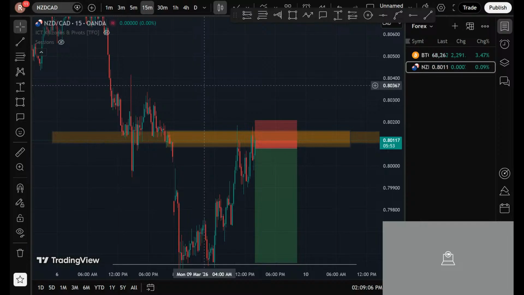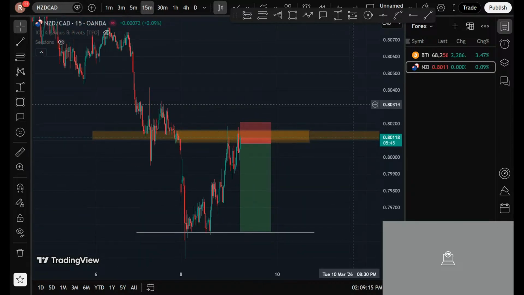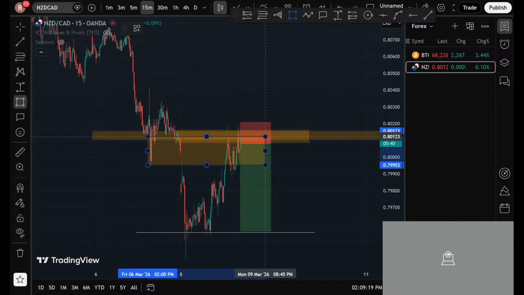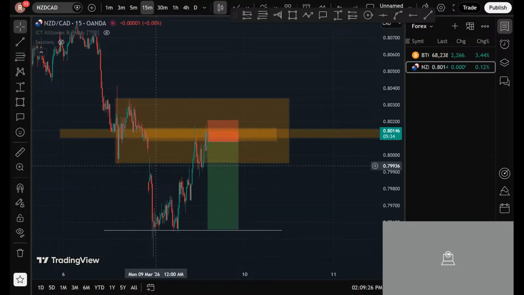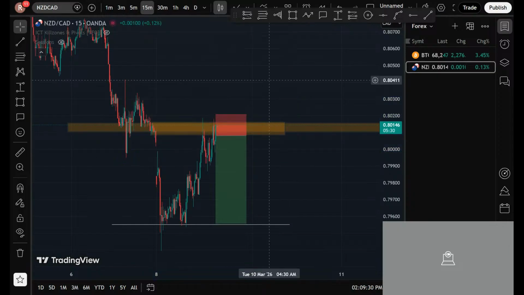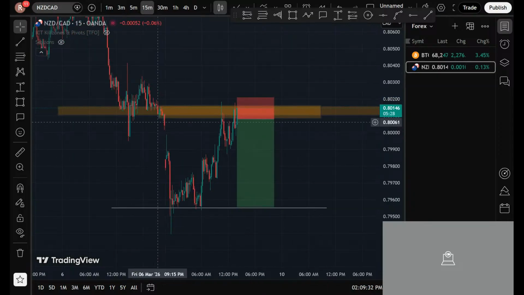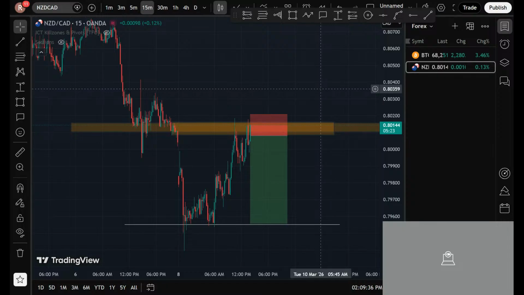You know what, guys? I'm just closing this trade because I know it's going to hit my SL, and it's a low quality trade. This is the order flow, and inside this, all are order flows. So when the big order flow is mitigated, the market will never respect the small order flows.